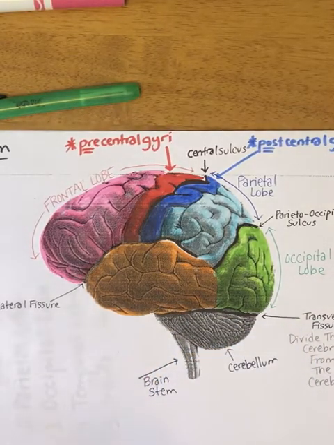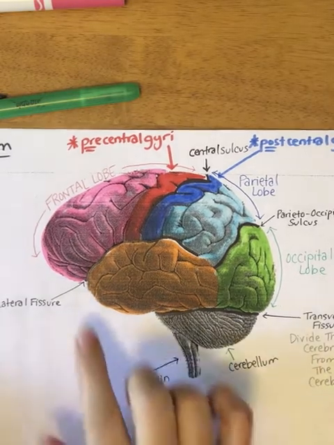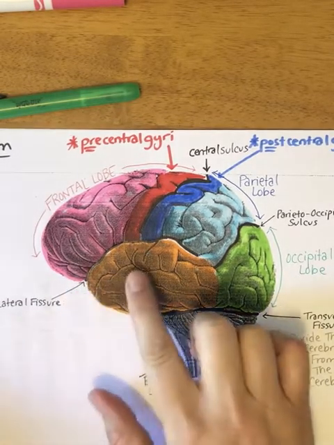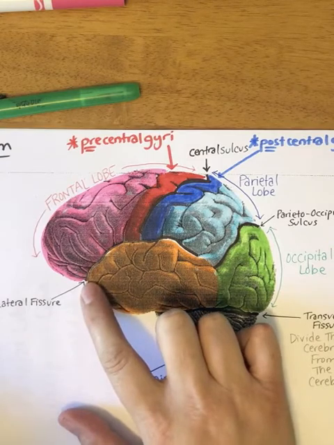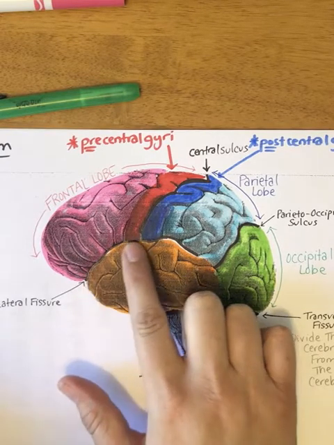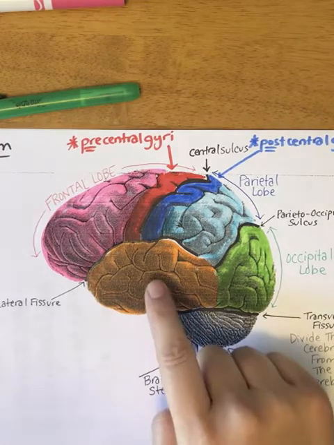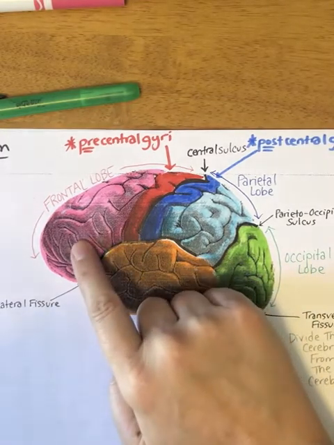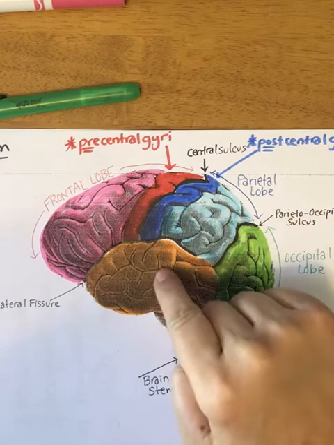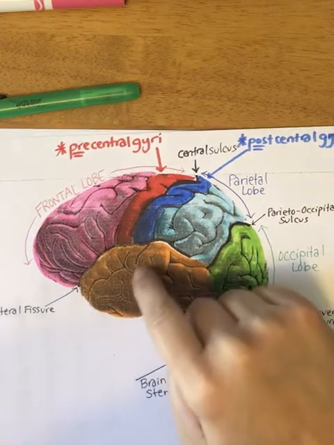All right, the lateral fissure. The lateral fissure extends from anteriorly along the side all the way to the back. So this one actually is going to divide the frontal lobe and the parietal lobe from the temporal lobe.